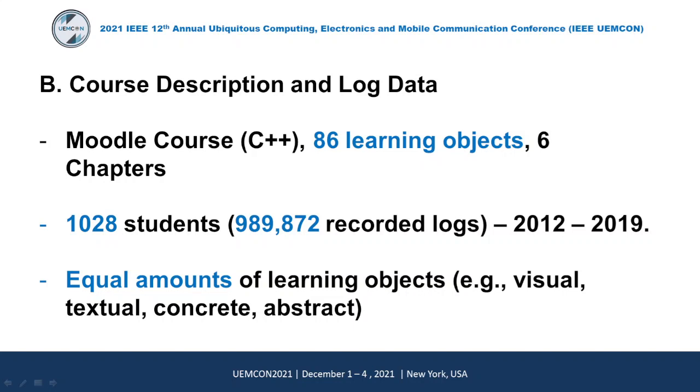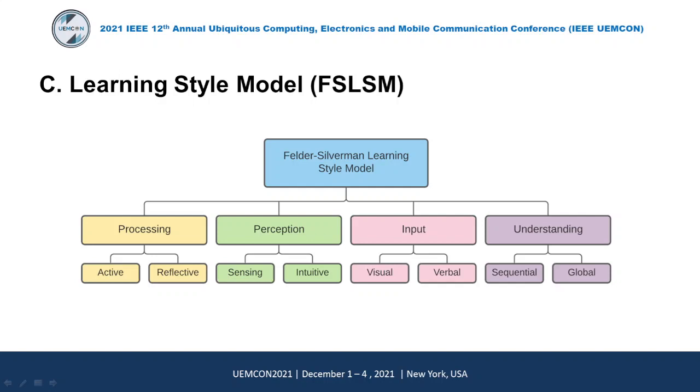There are 1,028 students, and we extracted 989,872 recorded logs spanning 8 years, 2011 to 2019. We provided 86 learning objects with equal amounts of visual, textual, concrete, and abstract learning materials. We utilize the Felder-Silverman learning style model.